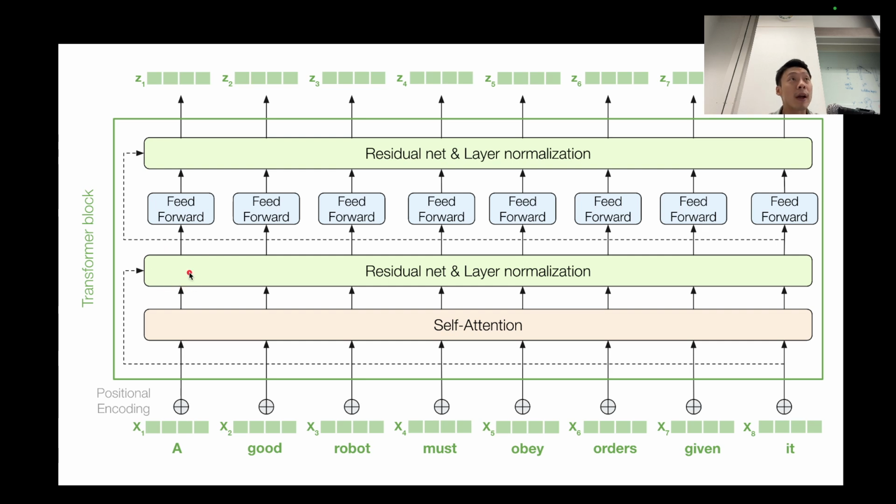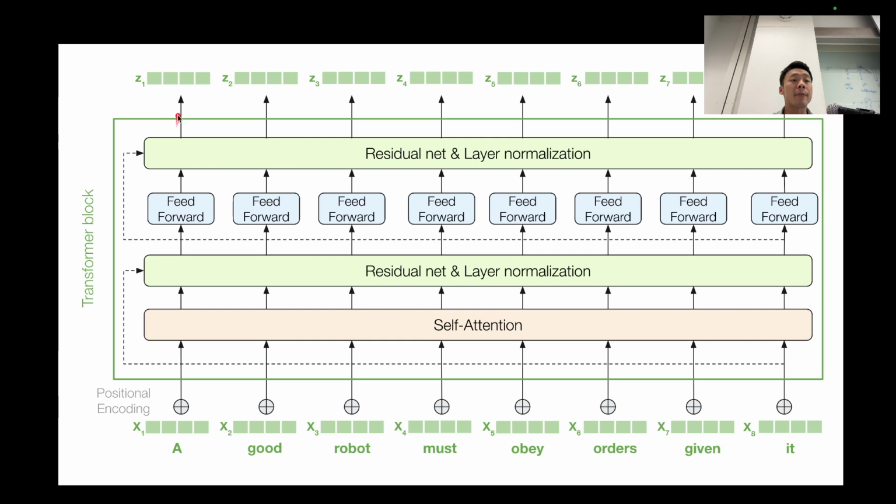That's why we say it's a sequence of embeddings, and you pass it into the layer norm layer, and then the feedforward layer, and then the layer norm layer again. But today we'll talk about self-attention only.